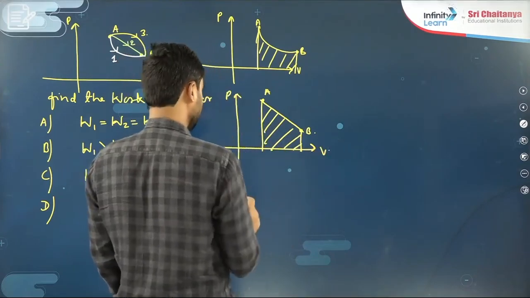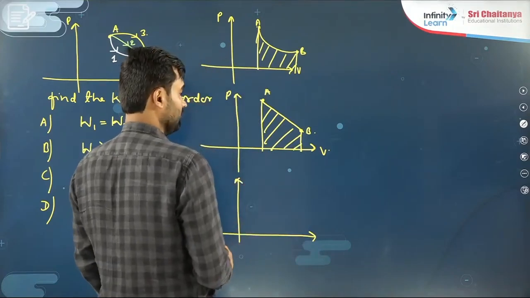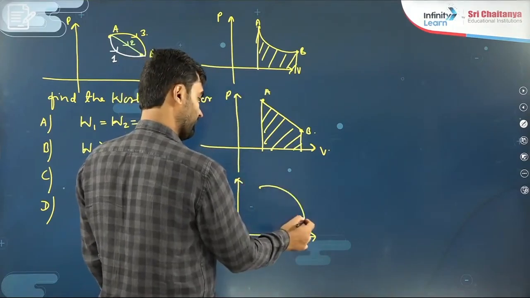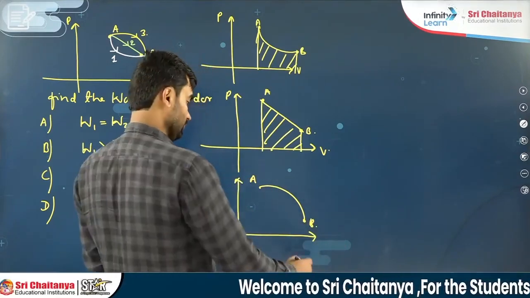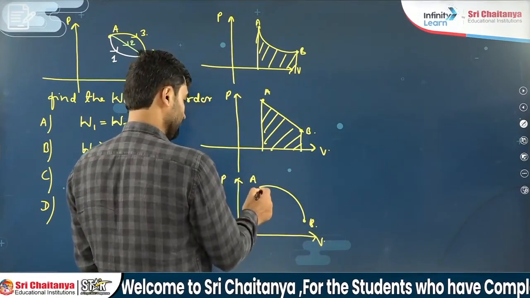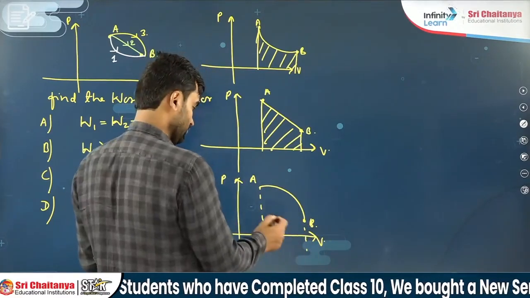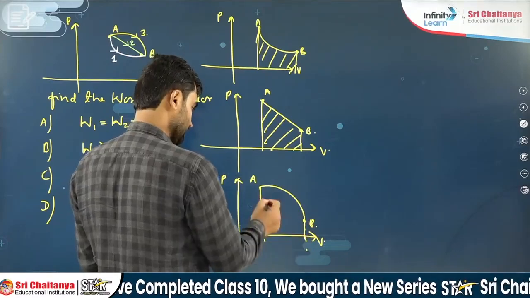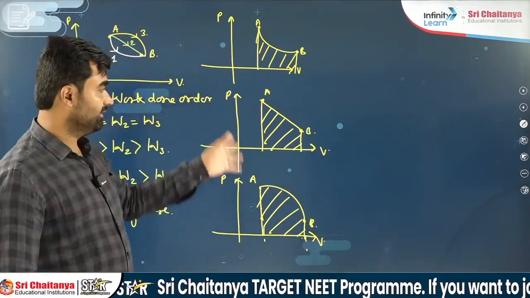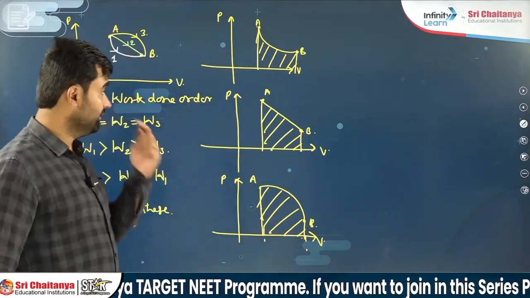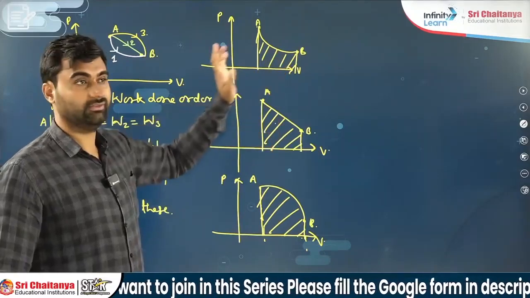Clear? And finally the third process is like this, A to B. For work done we have to join the initial and final points with the volume axis. We joined it. Okay, this much is the area. So you can see in which of these three graphs the area is more. The area is maximum in the third, then second, then first.